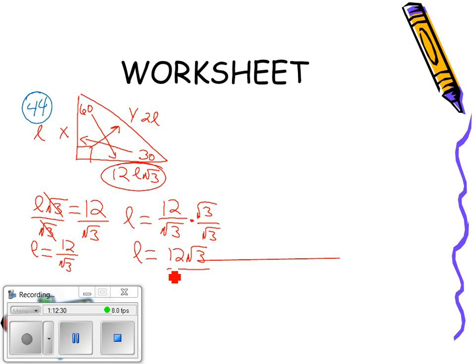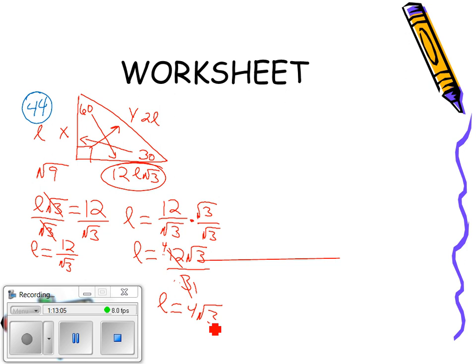On the bottom, the square root of 3 times the square root of 3 is just the square root of 9, and the square root of 9 is 3. We'll do another one of these to make sure. Then here, these two numbers will reduce: 3 goes into 3 once, and 3 goes into 12 four times. So you end up with L equals 4 times the square root of 3.